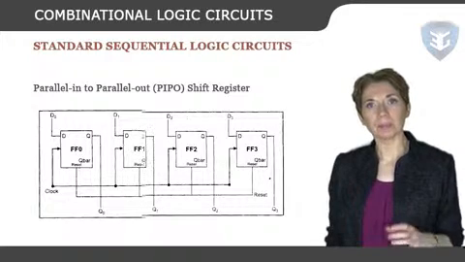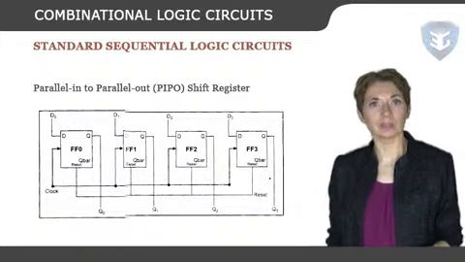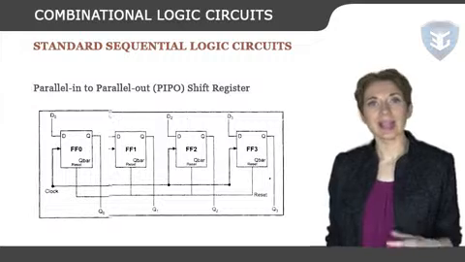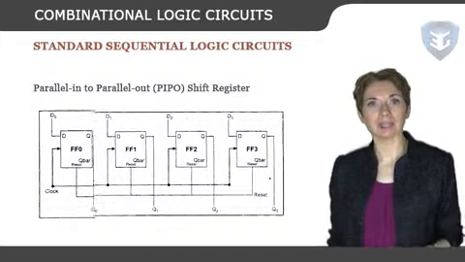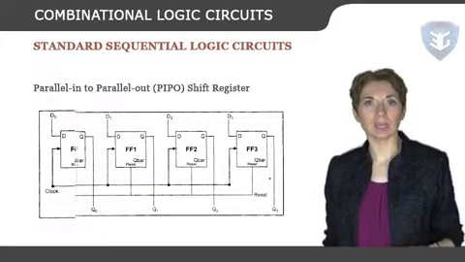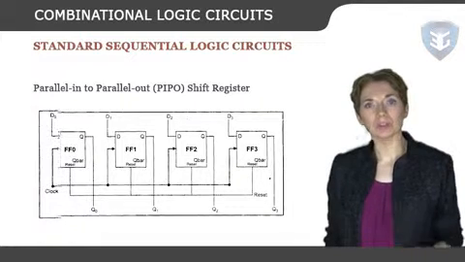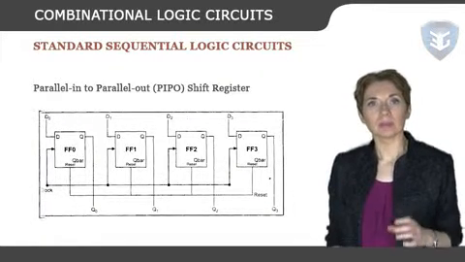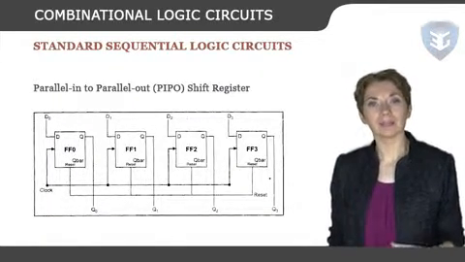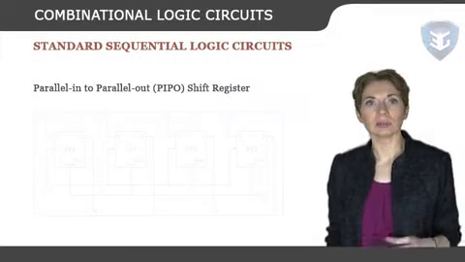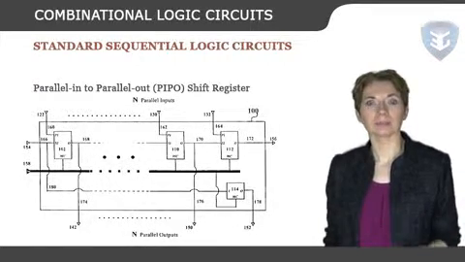The PIPO shift register is the simplest of the 4 configurations, as it has only 3 connections: the parallel input PI, which determines what enters the flip-flop, the parallel output, or PO, and the sequencing clock signal, or CLK.